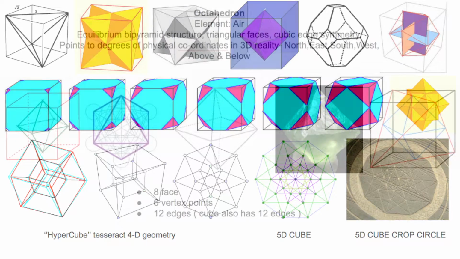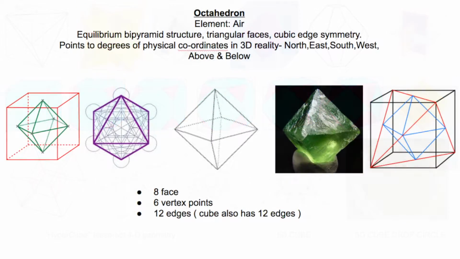The octahedron is the dual polyhedron of the cube. The octahedron is represented by the element of air. The octahedron points are coordinates for the directions of existence: north, east, south, west, above, and below.